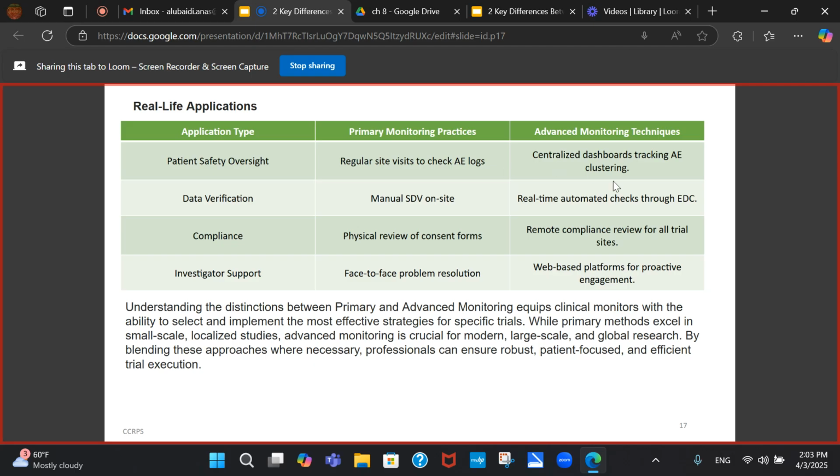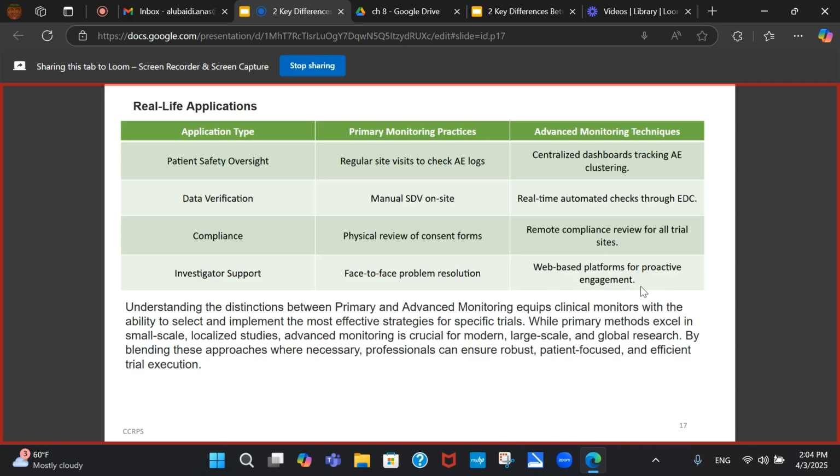For data verification, we have the manual style in primary, but real-time automated checks through EDC in advanced. For compliance, the primary style is physical review of consent forms in person, while advanced has remote compliance review for all trial sites. Investigator support is face-to-face in the primary style of monitoring, while advanced uses web-based platforms for proactive engagement.